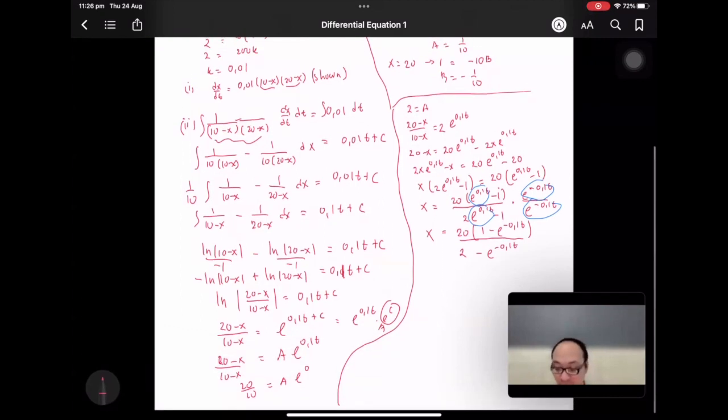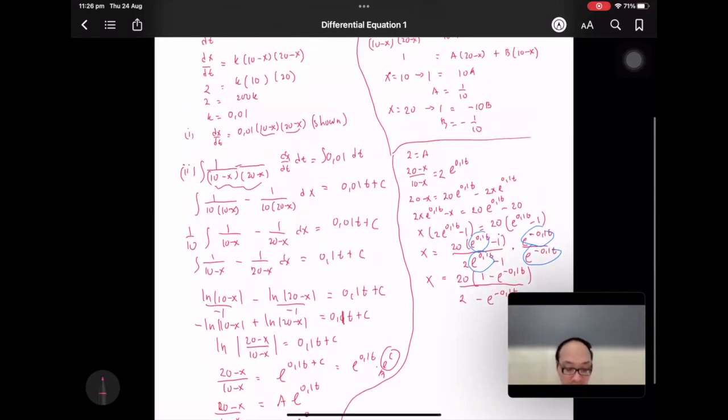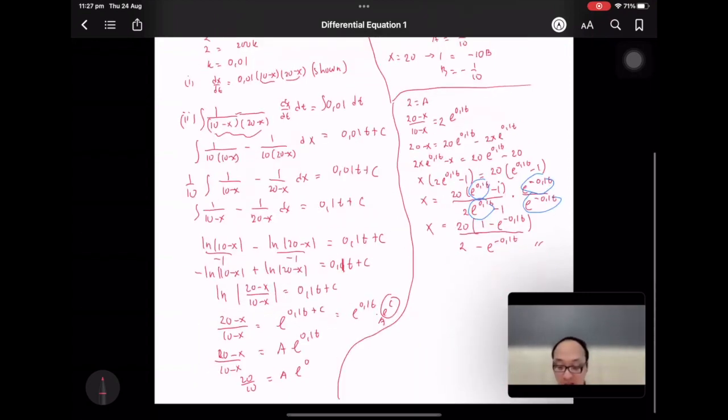Okay, so this is the formula for part II. Part III: state what happens to the value of x when t becomes large.